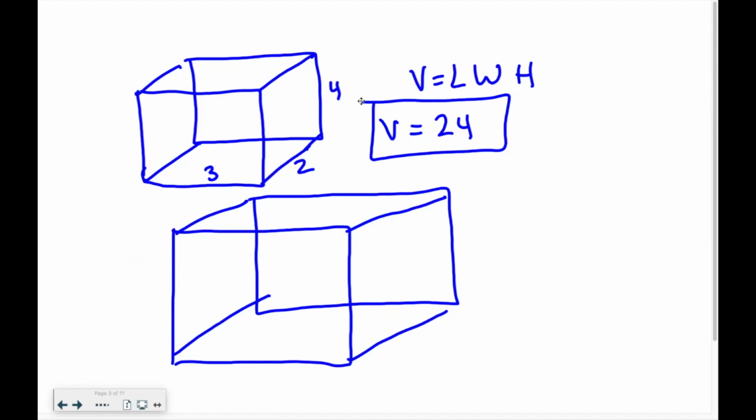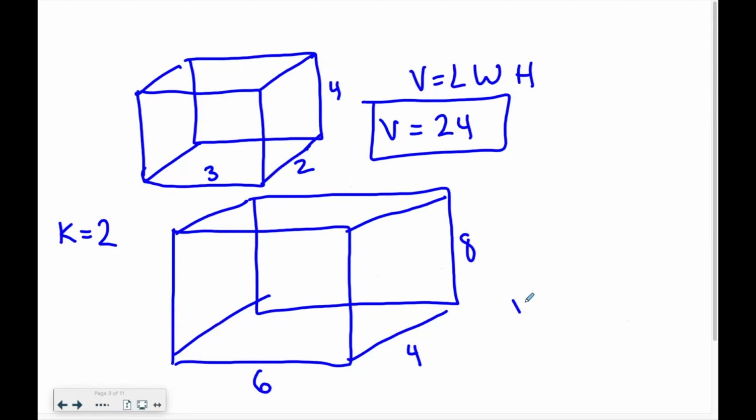And then I'm going to put over here that K is 2, which means every side is going to get multiplied by 2. So in my bigger rectangular prism, 3 goes to 6, 2 goes to 4, and 4 goes to 8. So I doubled every side.